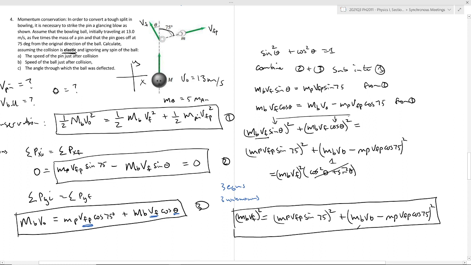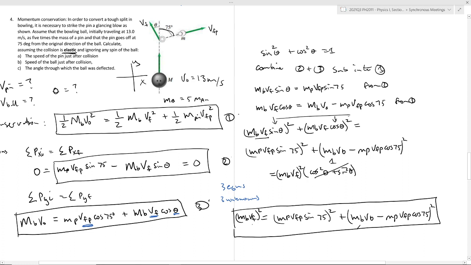Okay. So I think I mentioned this to you before: the algebra with these can get kind of complicated. It's simple enough to state our equations for momentum and energy conservation, but the algebra can get kind of long. So what do we do now? We have mb vf squared equal to our other stuff.